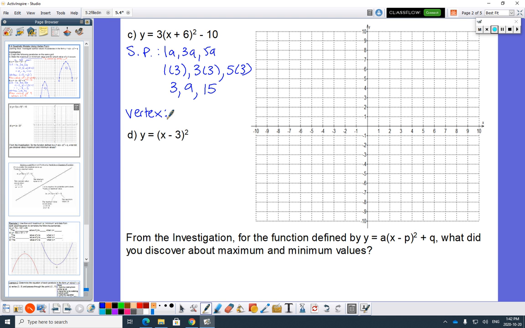So again, let's say you forgot for a second and you were like, oh, it's negative, and you tried to draw your parabola like this. I wouldn't do that on a test or quiz, okay?